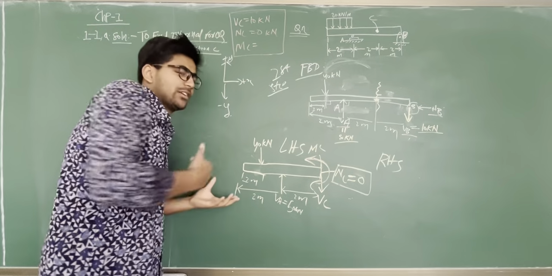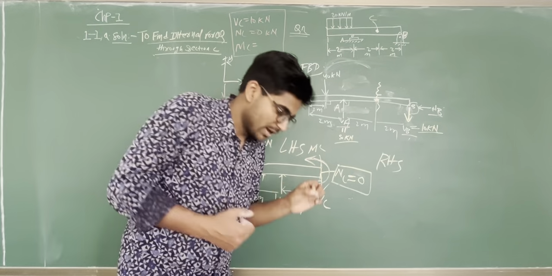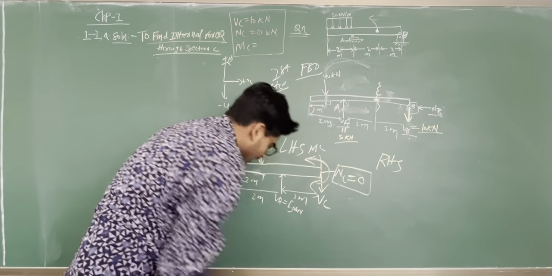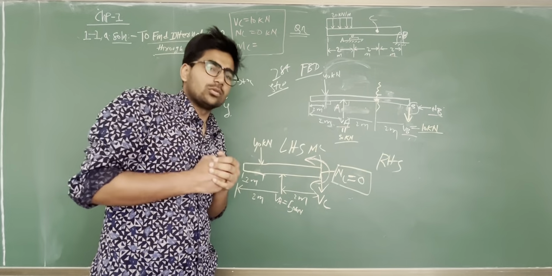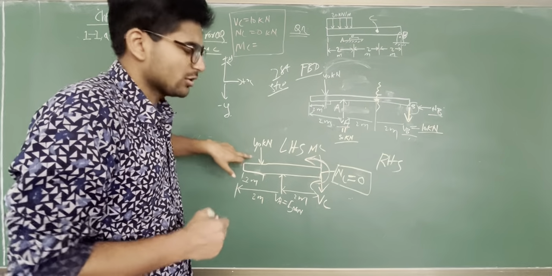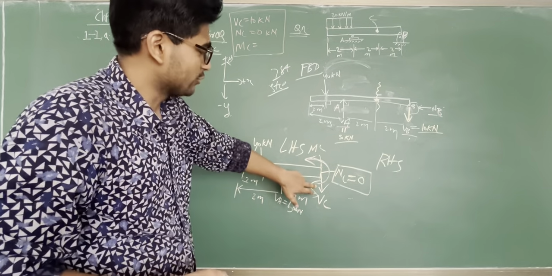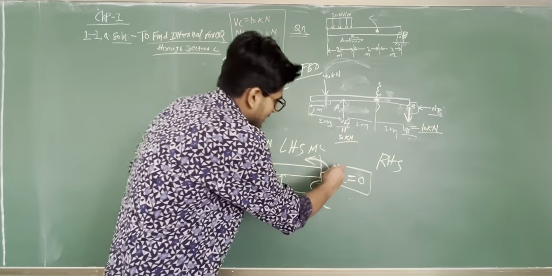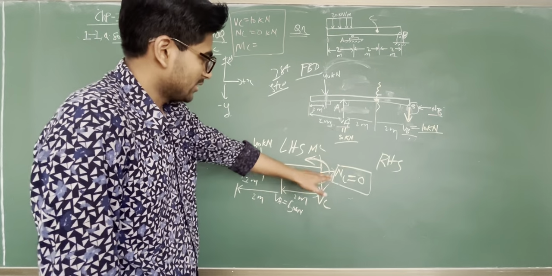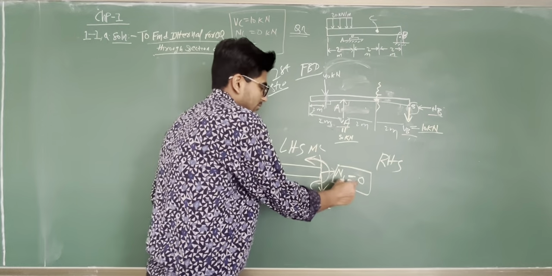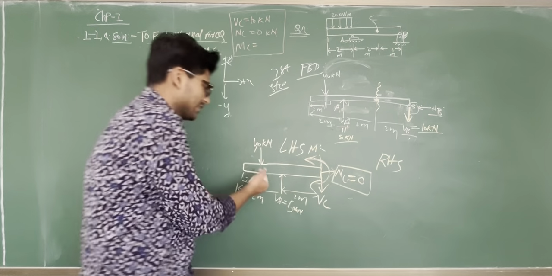You can take moment anywhere, no problem. But what I told you, always take a moment where two forces get cancelled out. Here is one force, here is one force, or more than two forces. There are two forces, right? But here the MC is 0, so you can take anywhere, no problem.